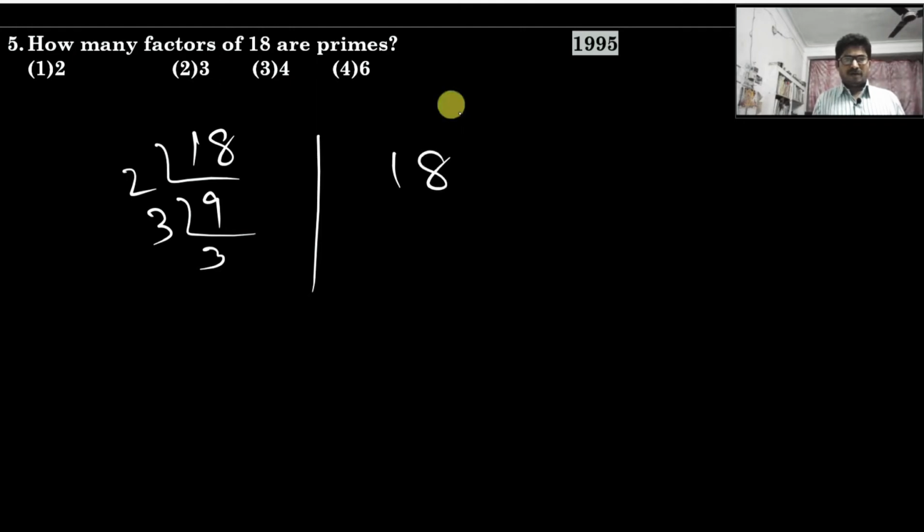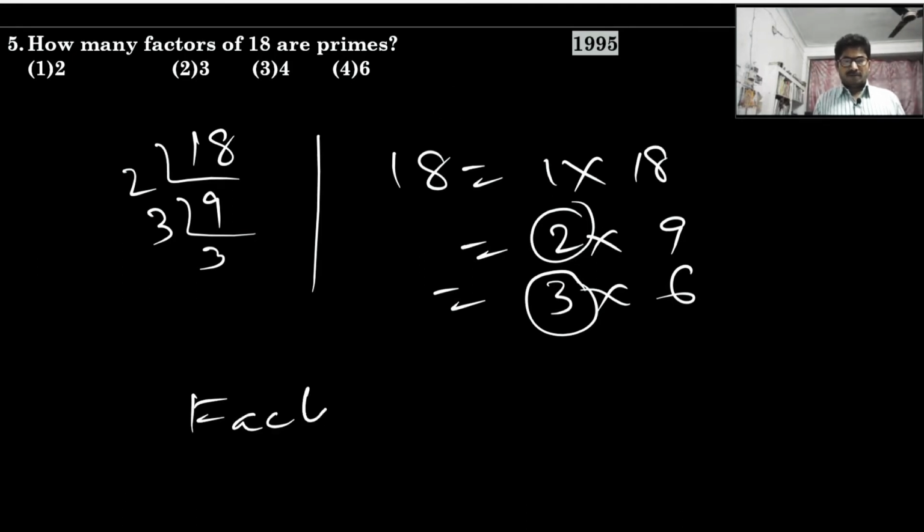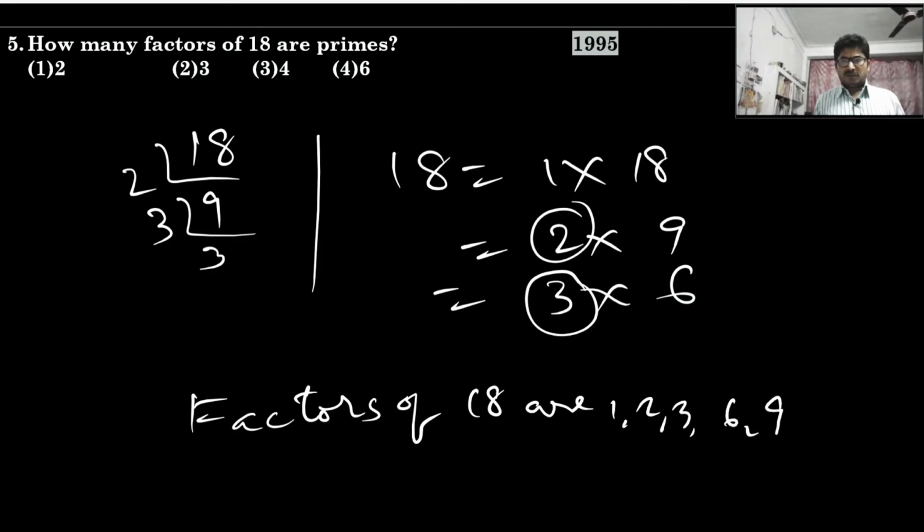We can find like this also: 1 times 18, 2 times 9, 3 times 6. In this, 2 and 3 are primes. There are 2 primes. So factors of 18 are 1, 2, 3, 6, 9, 18. In this, primes are only 2. Option 1.